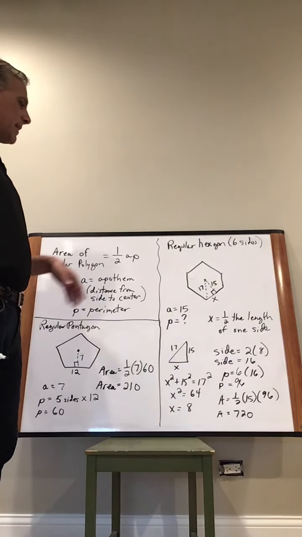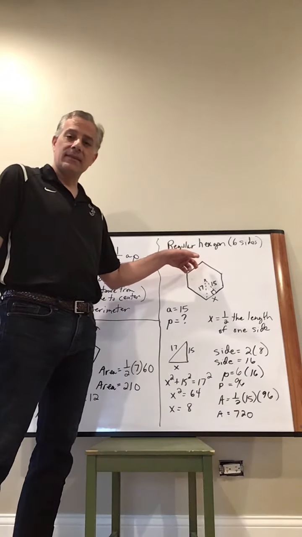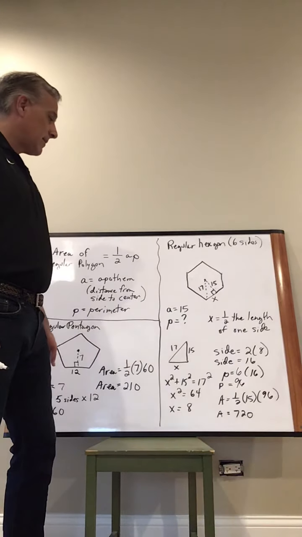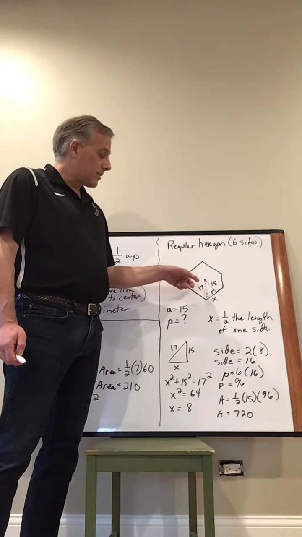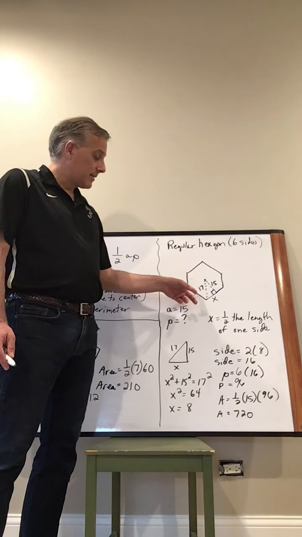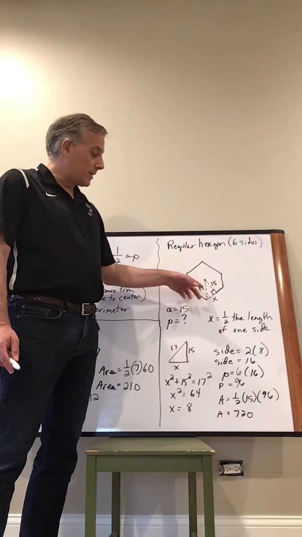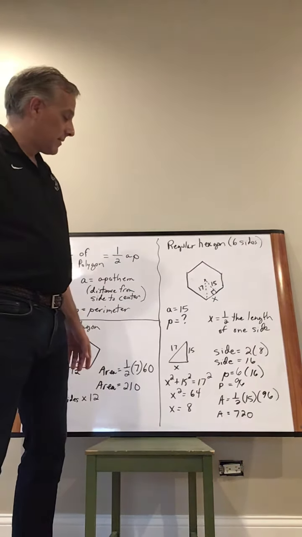So here's a sample problem that you might encounter. This is a regular hexagon with 6 sides, and this is what we're given. It's important not to make the mistake of thinking the apothem is 17. The apothem is given to you, and it is 15. That is really important.